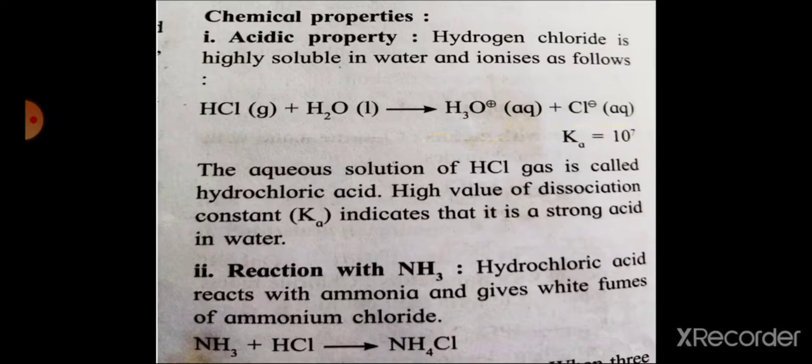The aqueous solution of HCl gas is called hydrochloric acid. A high value of the dissociation constant, Ka, indicates that it is a very strong acid. Then reaction with ammonia. HCl reacts with ammonia to give white fumes of ammonium chloride. NH3 plus HCl gives ammonium chloride.